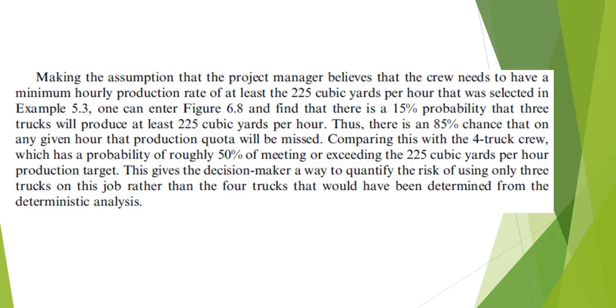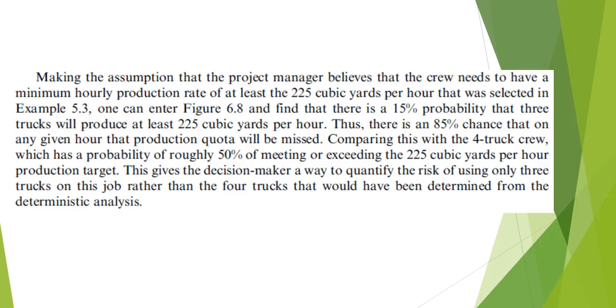So this allows you to quantify risk. And you can say, I want to use 3 trucks, but I've only got a 15% probability that this is going to work out for me, that I'm going to have a sustained production of 225 cubic yards per hour.